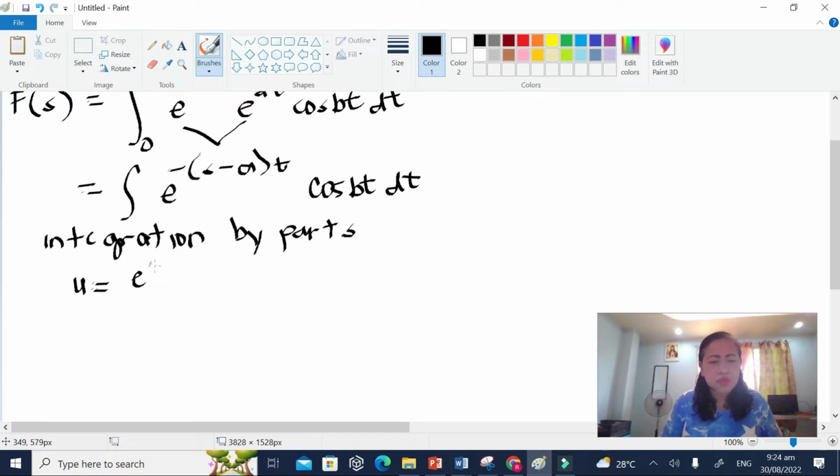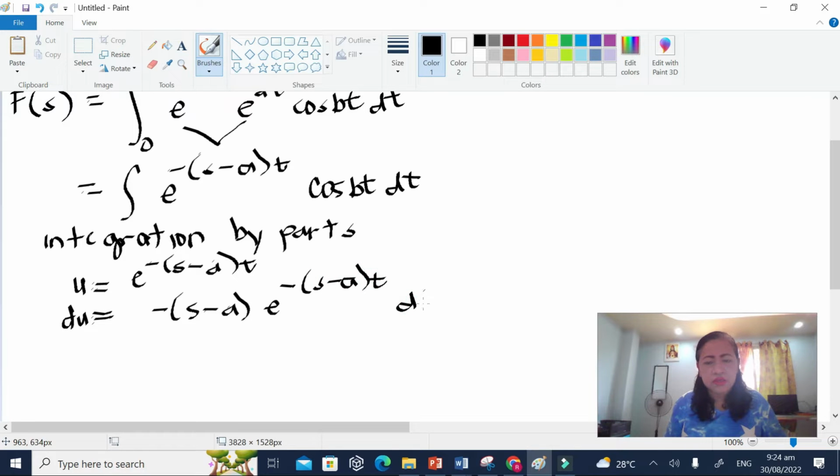Let us choose u as equivalent to e to the negative (s minus a)t. Then our du will become negative (s minus a) e to the negative (s minus a)t dt.